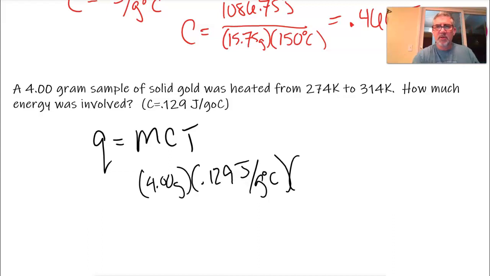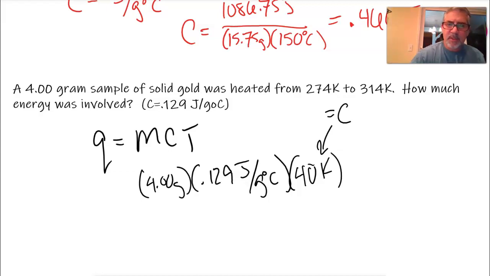And my change in temperature is 40 K. Remember that each increase of 1 Celsius is equal to an increase of 1 K, so you could simply say those are the same. They're interchangeable.